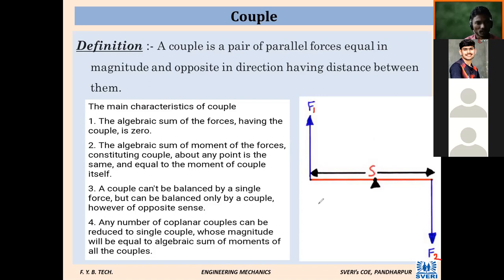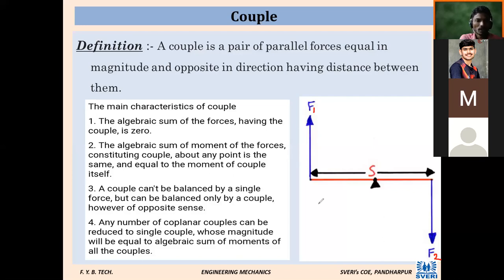The algebraic sum of the forces forming the couple is 0. Then, the algebraic sum of moments of the forces constituting the couple about any point is the same and equal to the moment of the couple itself.